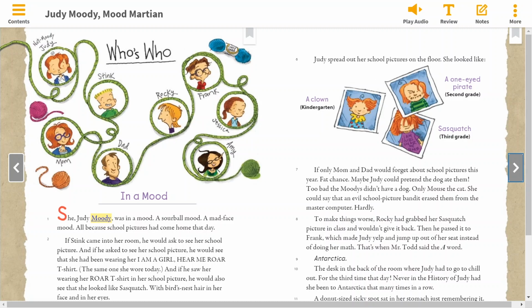Again, what do these illustrations on the top right corner tell you about Judy's personality? That's right. She likes doing things in her own way. She definitely looks like she has a unique personality.